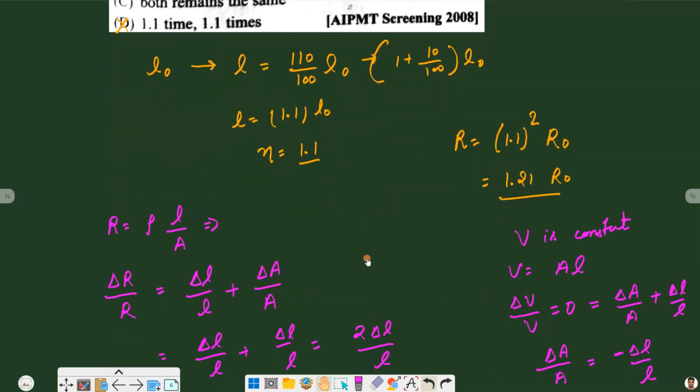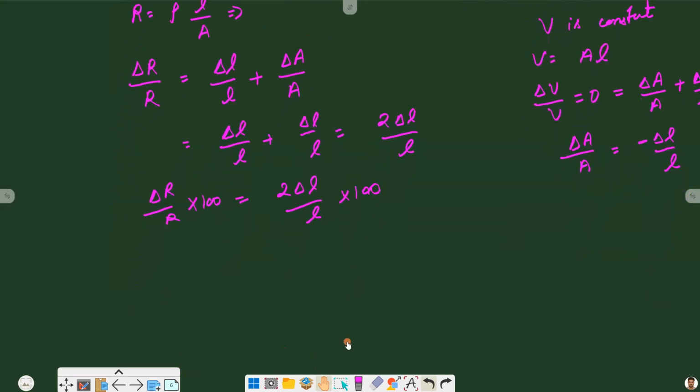So delta L by L will be 1 by 10 or 0.1. So now moving here, putting values, the percentage change in R is equal to twice into percentage change in L. Now delta L by L is equal to 1 by 10, and into 100, so what we will get is equal to 20.